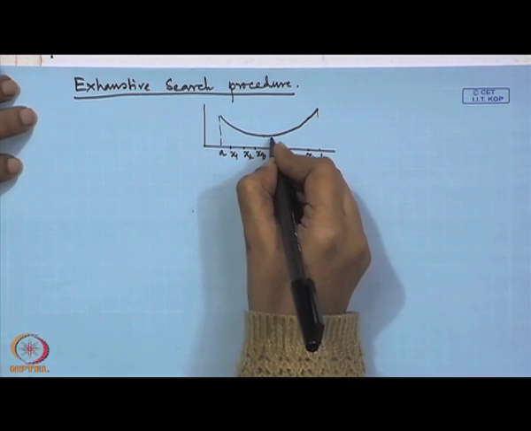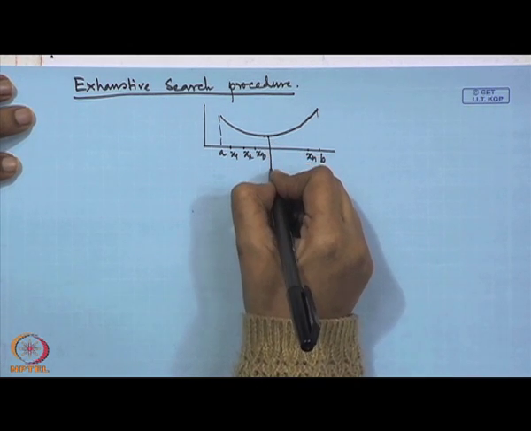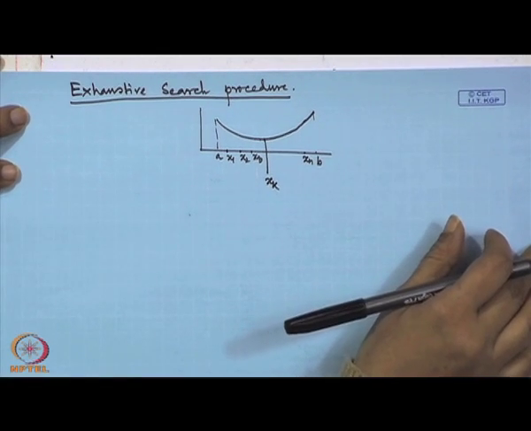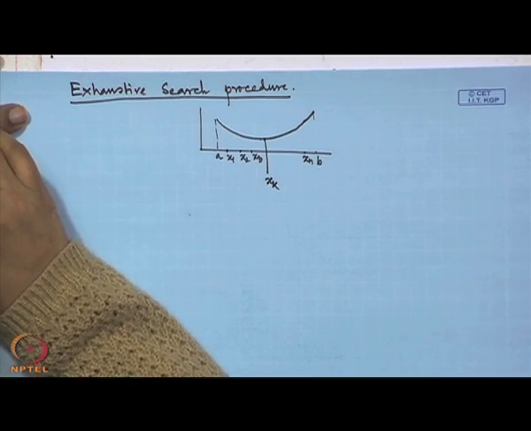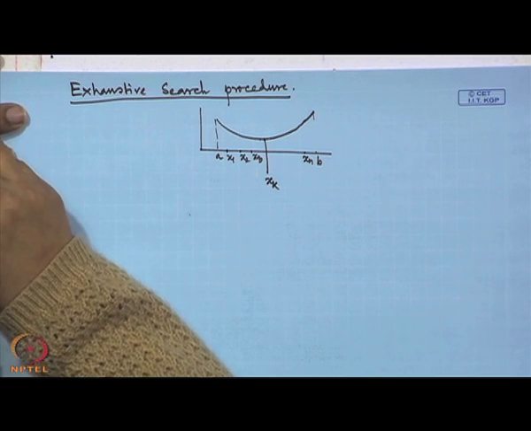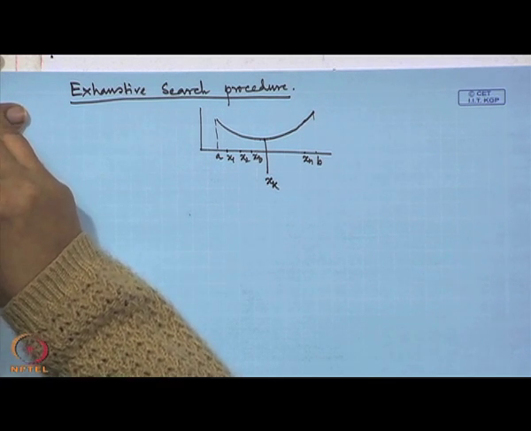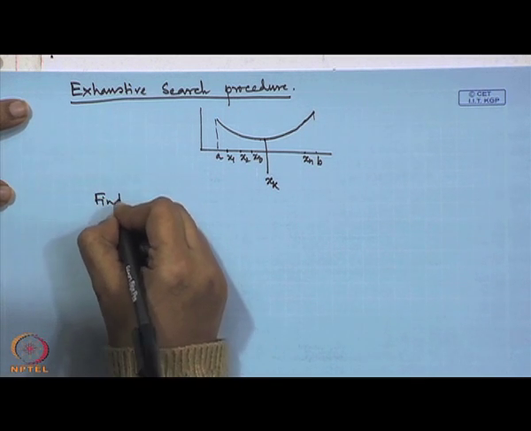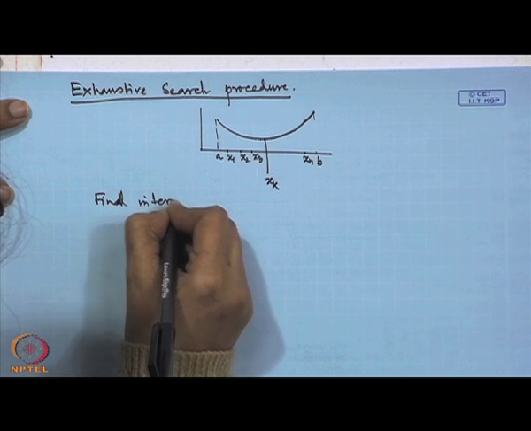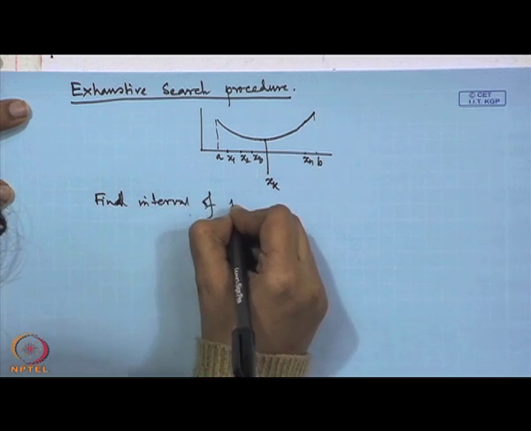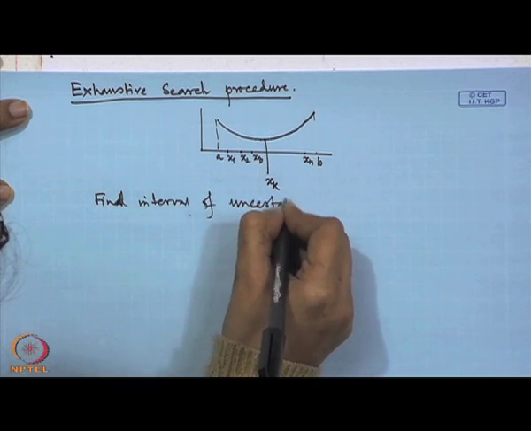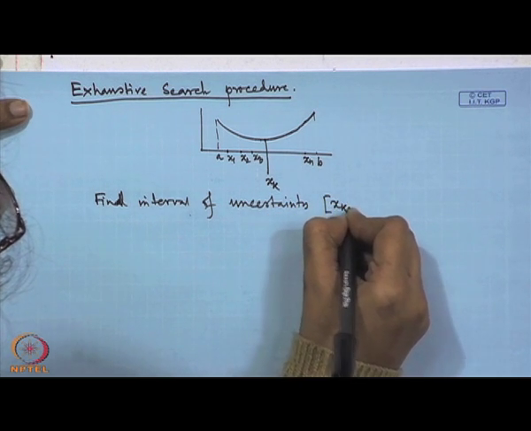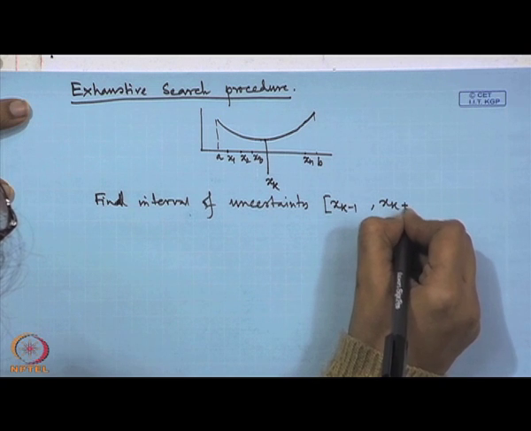If the minimum occurs at xk, then we will say that the final interval of uncertainty would be from xk minus 1 to xk plus 1.